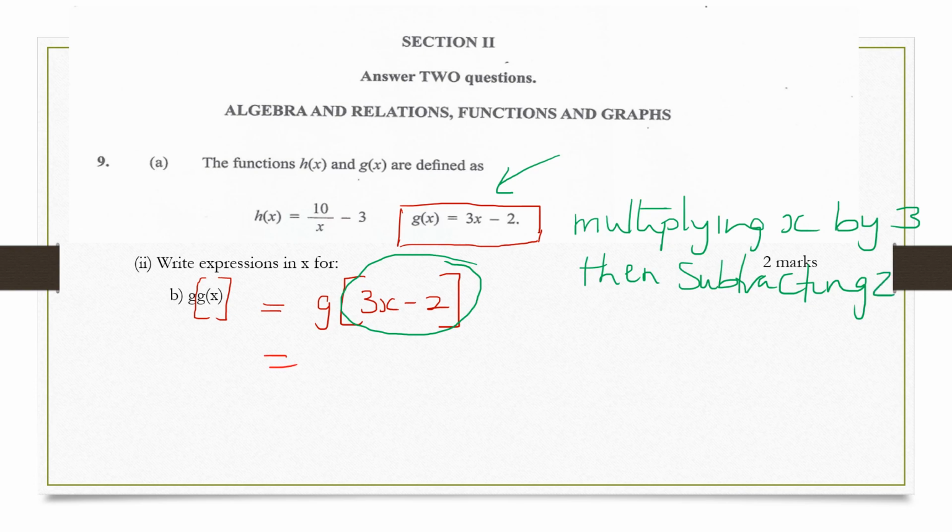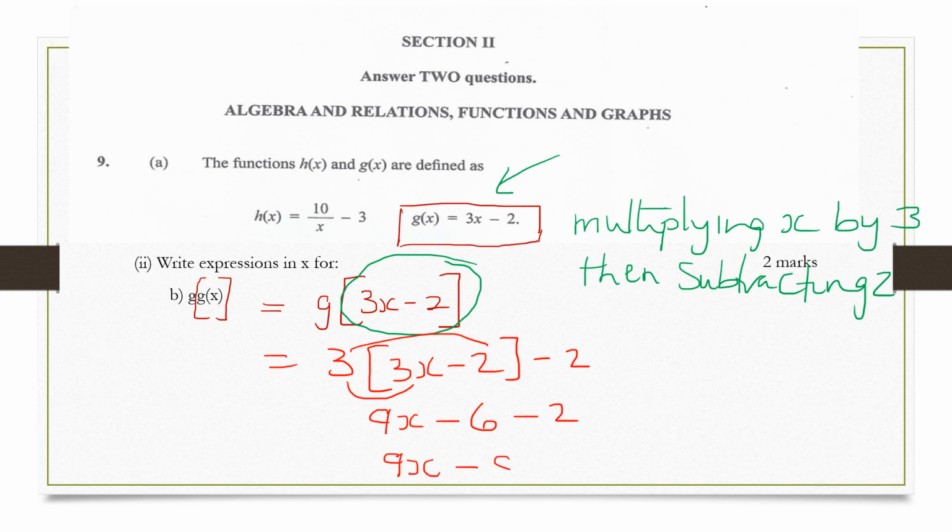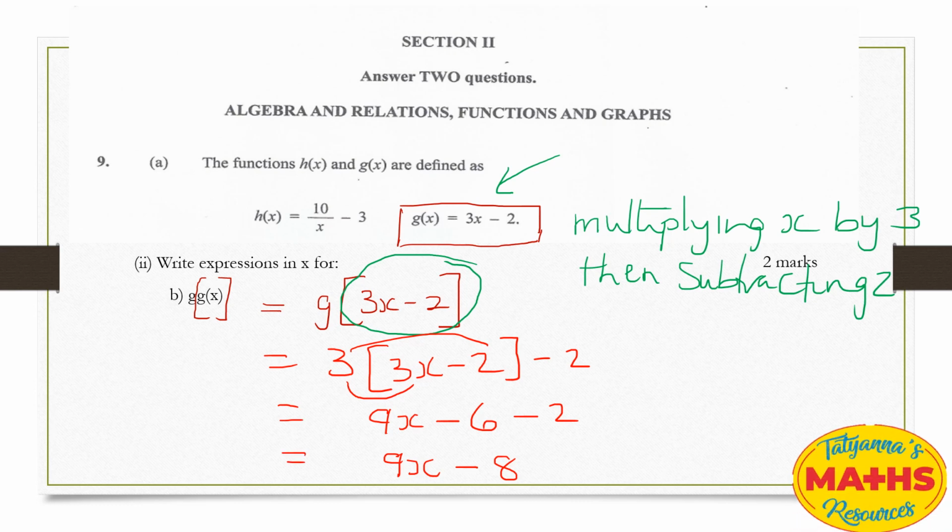So it's equal to 3 by 3x minus 2, minus 2. So if we multiply 3 by 3x, we get 9x, minus 3 by this 2, 3 2s are 6, minus 2. So that's 9x minus 8. And that's the final answer.